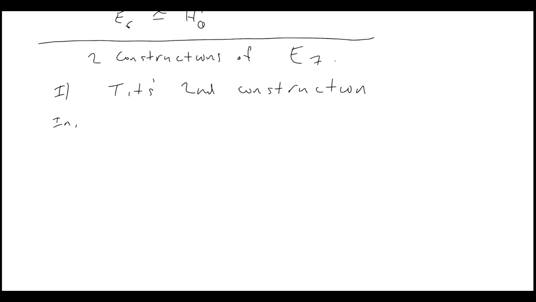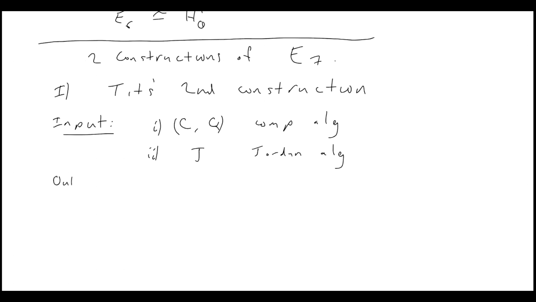So the input for Tits's second construction is a composition algebra C and J, a Jordan algebra. And the output is going to be a Lie algebra.